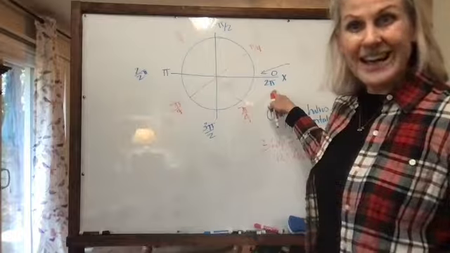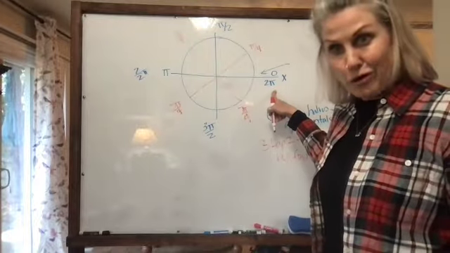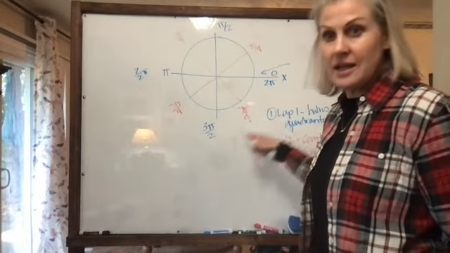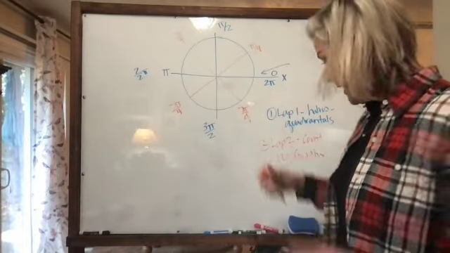And then back here, we're at 8 pi over 4. 8 over 4 is 2. So we're on track because we always want to start at 0 and we should end at 2 pi.